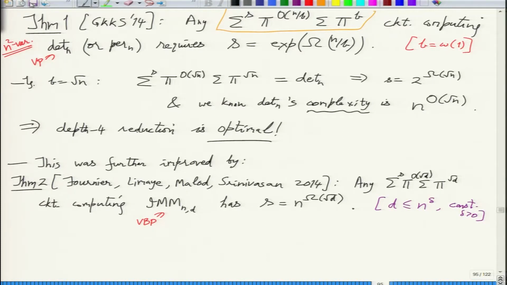So delta will be chosen accordingly in the proof. So ultimately D will be n to some fraction. That's not very important.